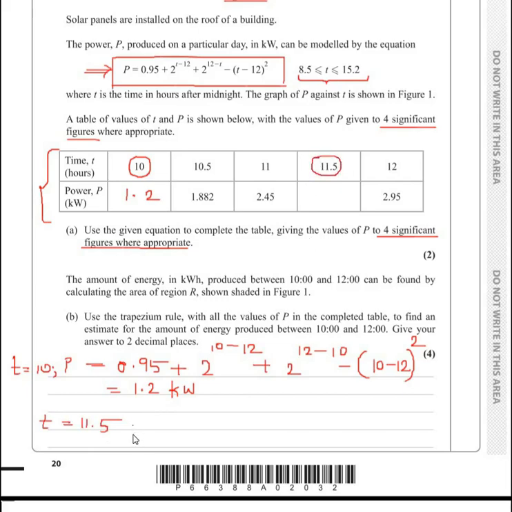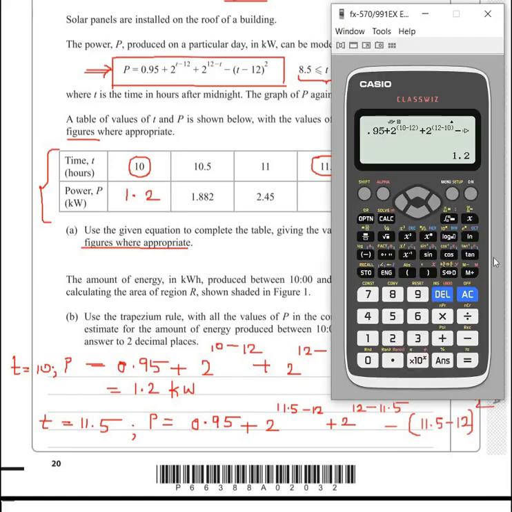So we have to put it in the given expression as P equals 0.95 plus 2 raised to the power of 11.5 minus 12, plus 2 to the power of 12 minus 11.5, minus (11.5 minus 12) whole square. So let us check it on the calculator how much we get.